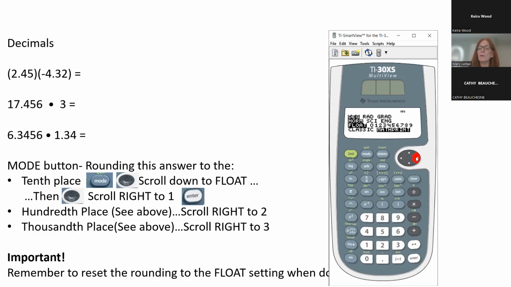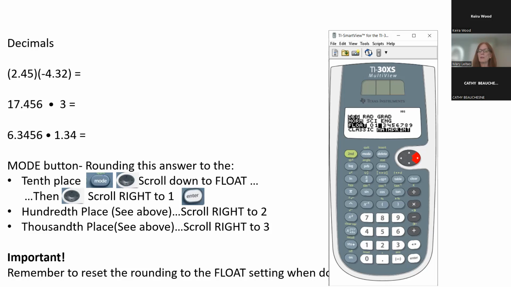If you wanted to round to tenths, you would click 1, and you have to use this scroll button to move that cursor right into where you want it to be. If we want to round to 100ths place, we click right one more time, and the 2 is flashing.